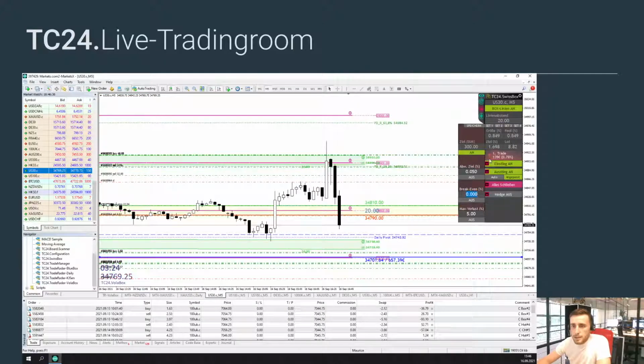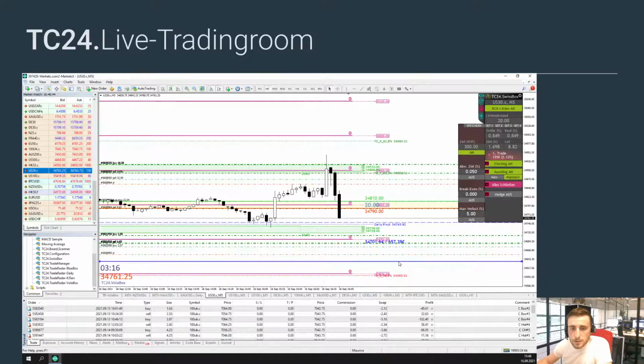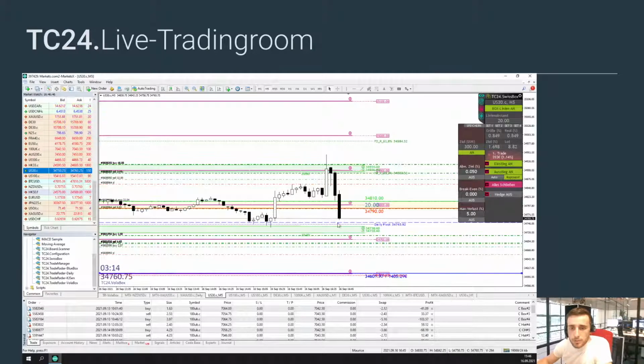Remember, we've got this break-even point as well, and we can turn that to, I don't know, 1%. So once we break past this daily pivot, we get through the vola box, and we come down towards the big number, then we'll just put in here the break-even will be 1%.